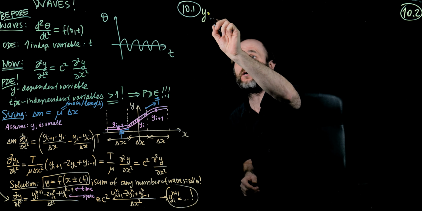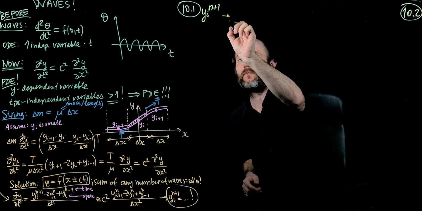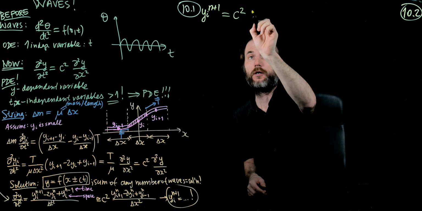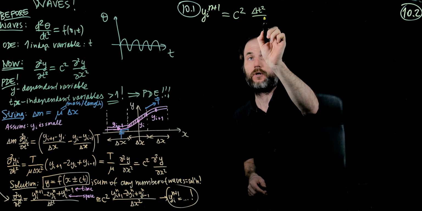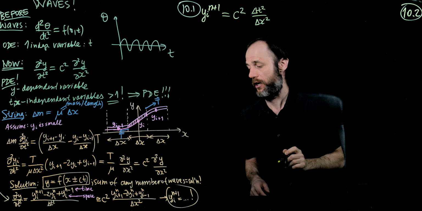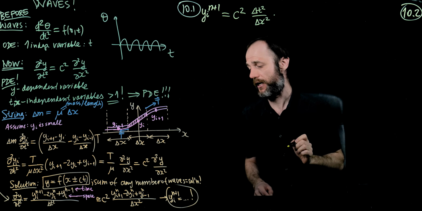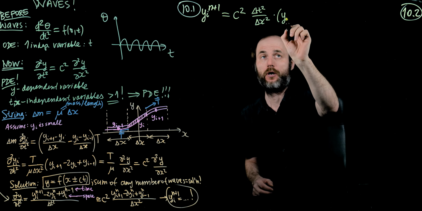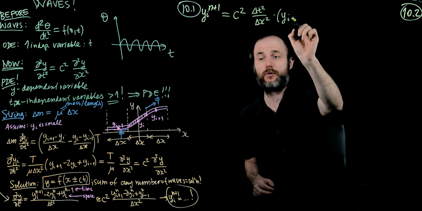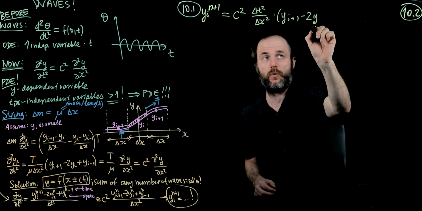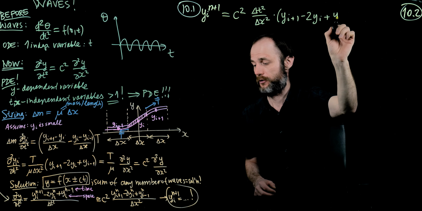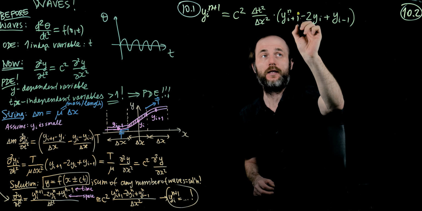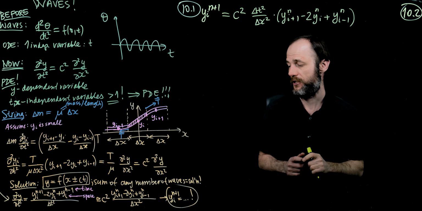So y_i^{n+1} is equal to c squared times delta t squared divided by delta x squared times, here we're going to write out (y_{i+1} minus 2y_i plus y_{i-1}), all of this at the nth time step.